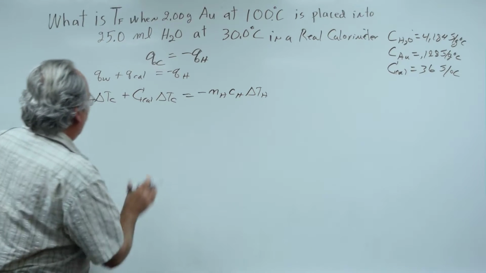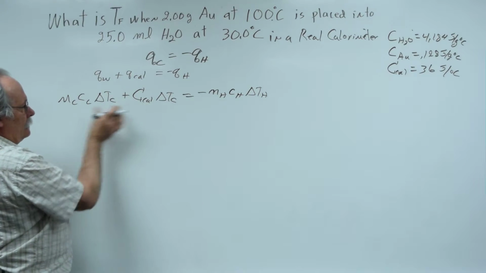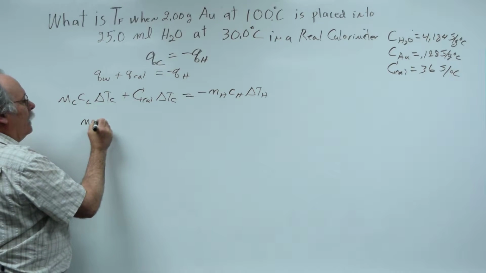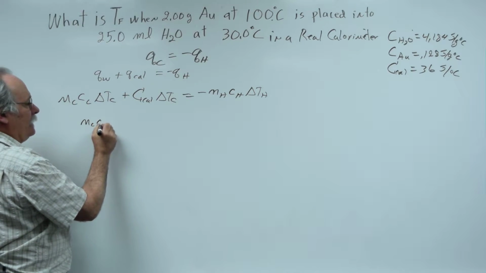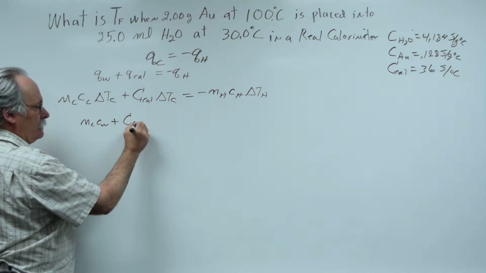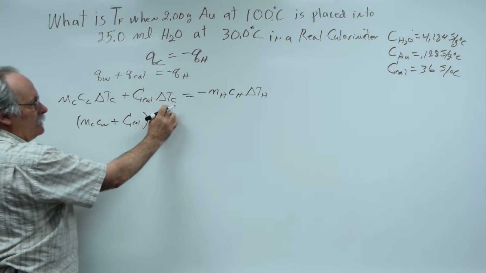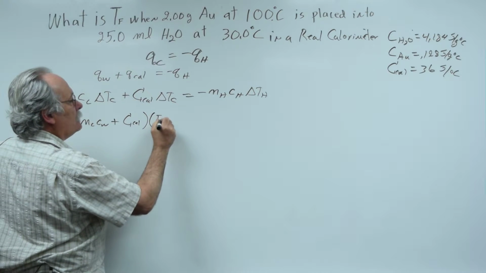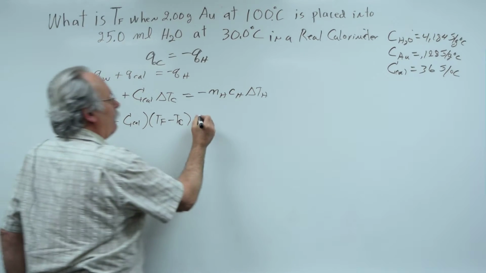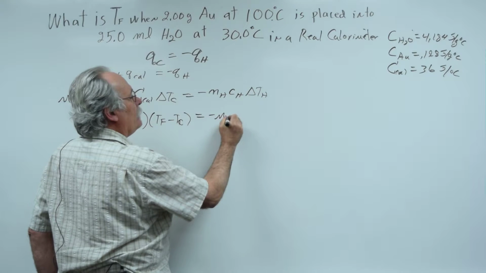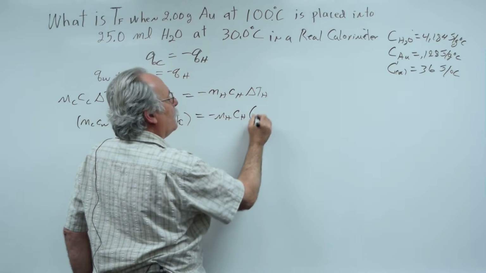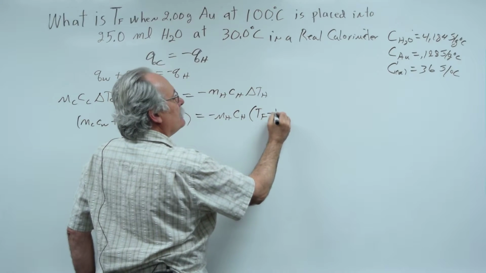So now I'm going to bring these things under the same delta T. I have the mass of the cold water times the specific heat capacity of the water, plus the calorimeter constant, times delta Tc, which is equal to Tf minus Tc. And this is equal to the mass of the hot times the specific heat capacitance of the hot, the gold, times Tf minus Th.